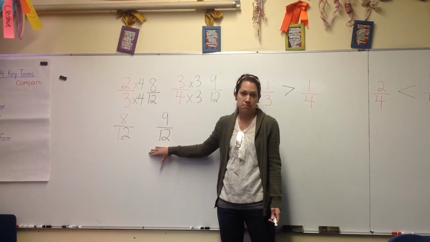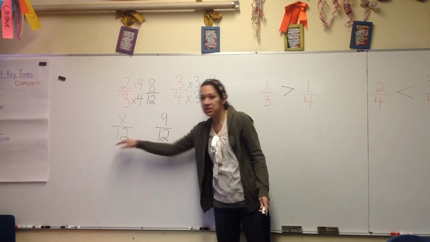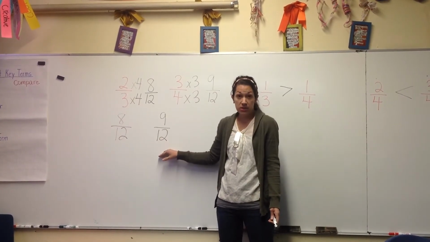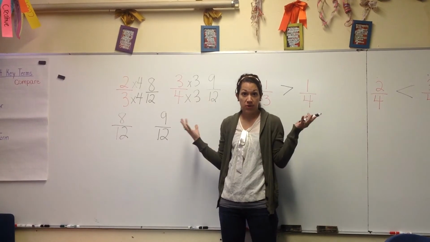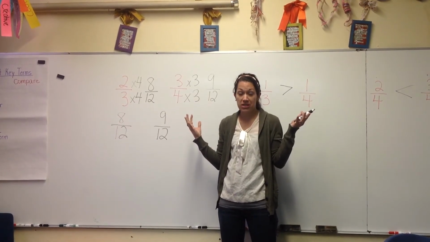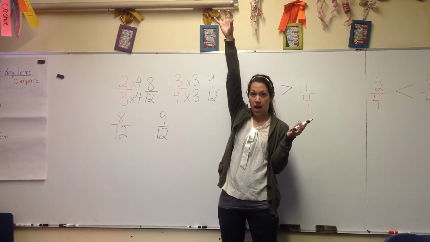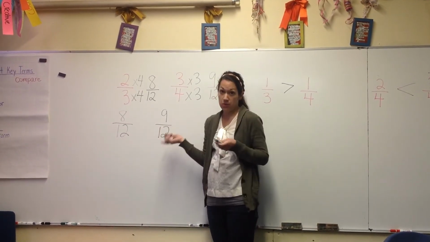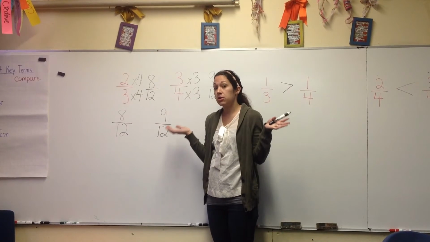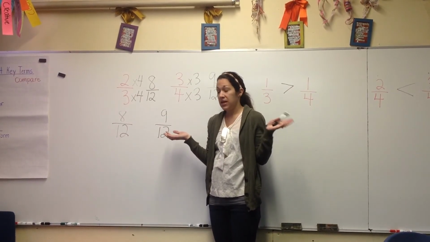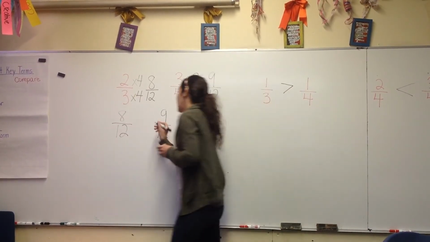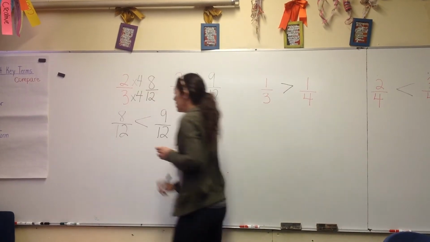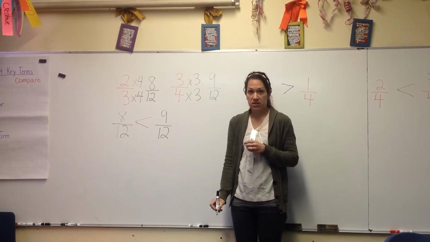Now it's easy to compare, because when my denominator is the same, all I do is look for the bigger numerator. Remember that numerator is the number on top. I have 8/12 and I have 9/12. What is the bigger numerator? 9. So 9/12 is my bigger fraction.